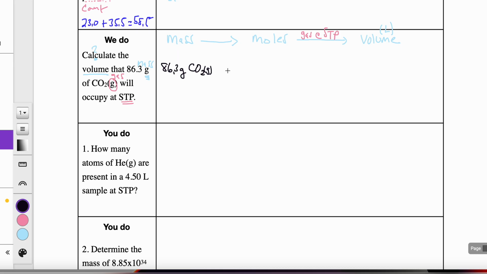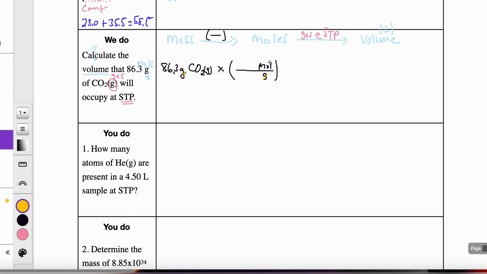It gets a little confusing. To go from mass to moles, I need to have a relationship here. I'm in grams, I need to get to moles, and I want to mathematically eliminate grams. So grams in the numerator, grams in the denominator, and grams can be eliminated, so I'm left with the unit of moles.